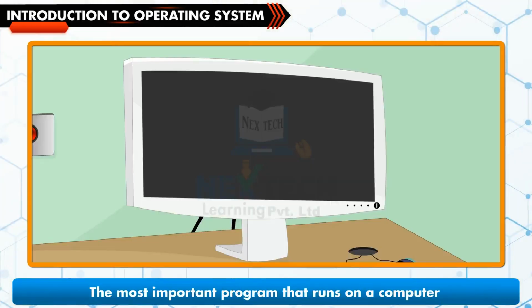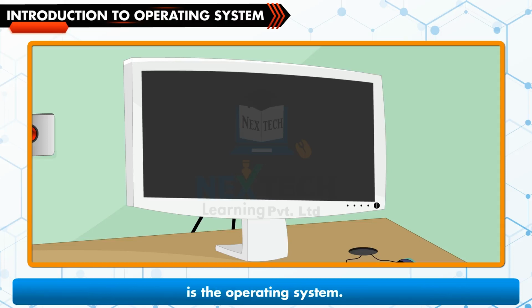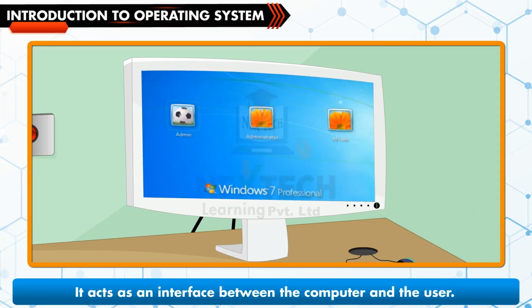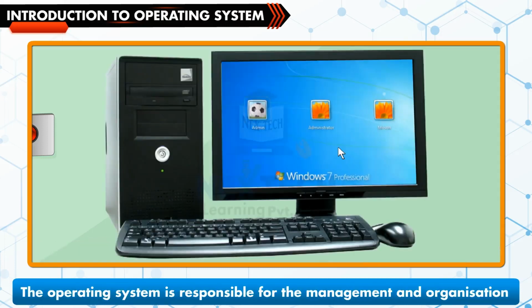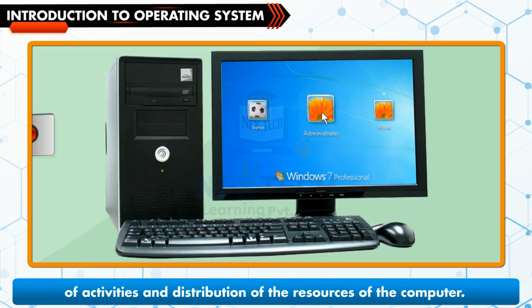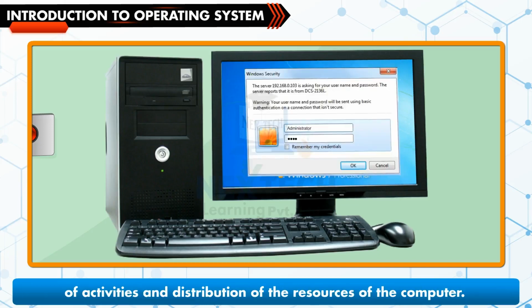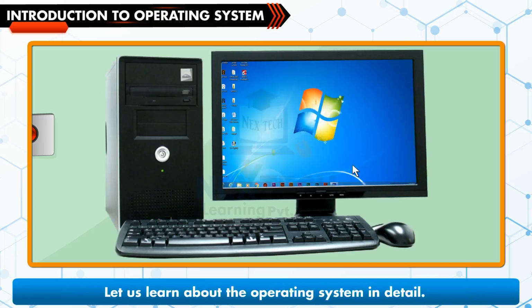The most important program that runs on a computer is the operating system. It acts as an interface between the computer and the user. The operating system is responsible for the management and organization of activities and distribution of the resources of the computer. Let us learn about the operating system in detail.